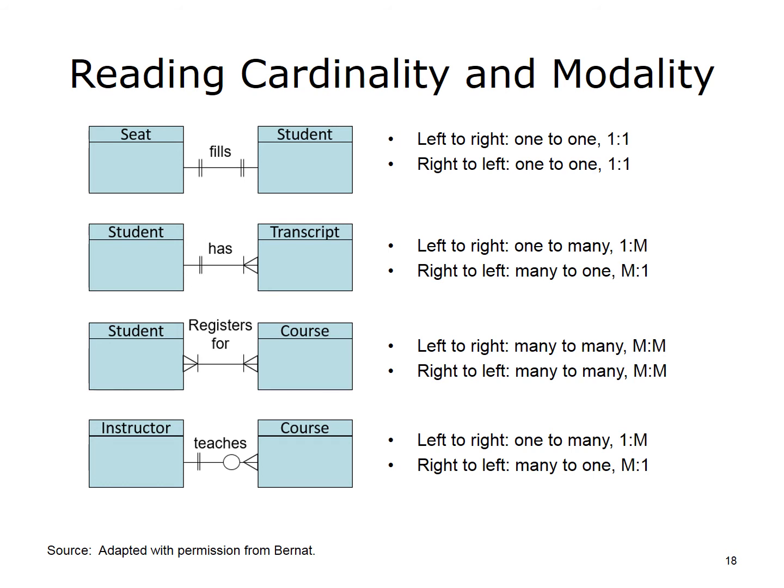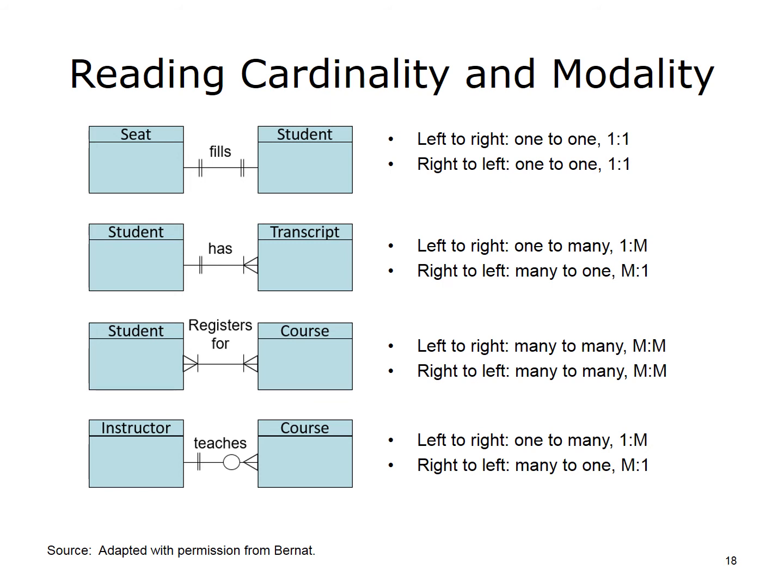The seat fills student example shows left to right, 1-to-1, 1-1. Right to left, 1-to-1, 1-1. The student has transcript example shows left to right, 1-to-many, 1M. Right to left, many-to-one, M1.